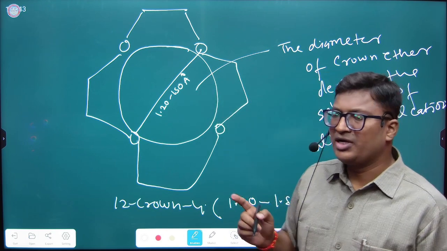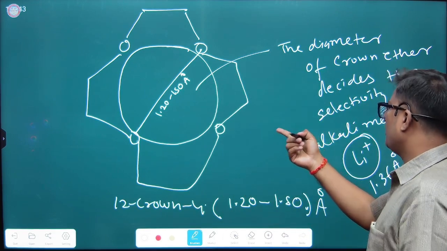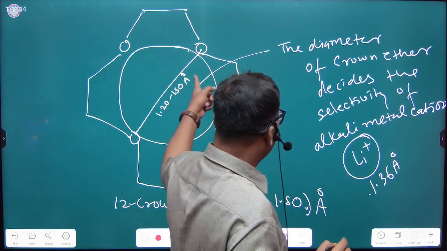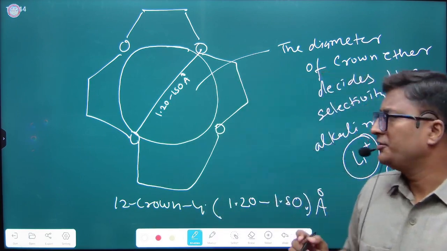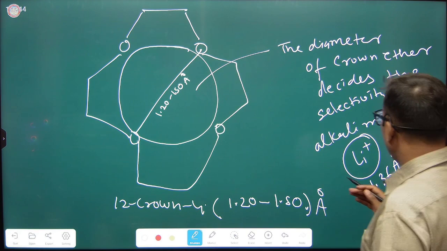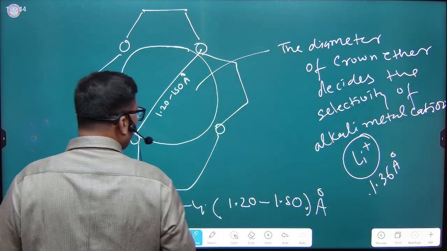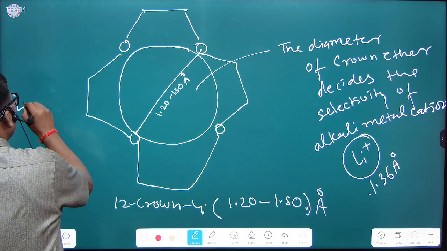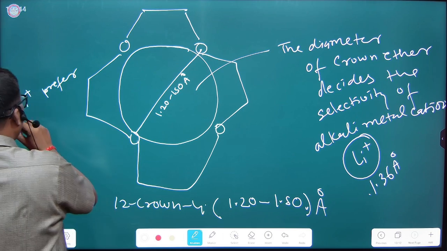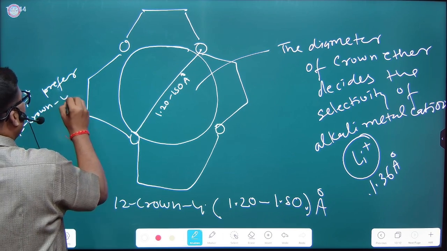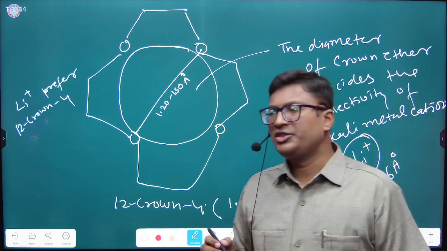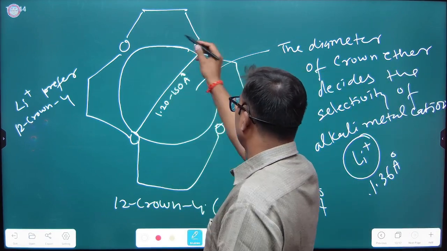So lithium plus prefers this crown ether because its size matches this range, right? Because of the size match, it is compatible with 12 crown 4, meaning Li plus prefers 12 crown 4, right? Because of the compatibility of the metal cation with this cavity.